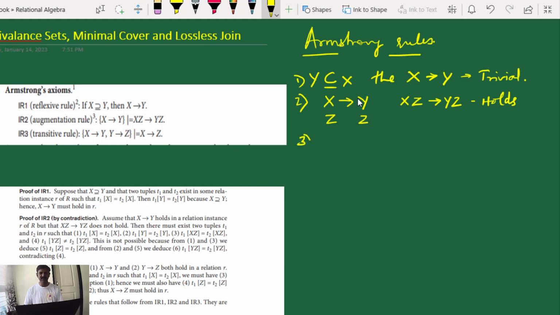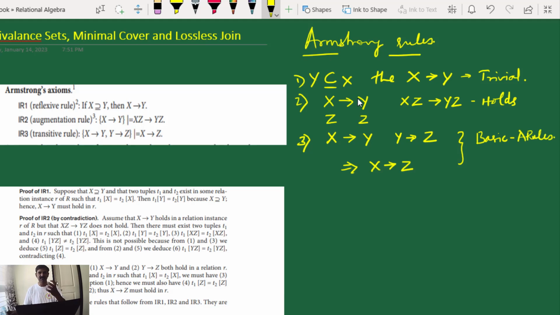That's pretty much clear. The third one is the transitive rule. If X determines Y and Y determines Z, then it implies that X determines Z. So these are the three basic identities and they are termed Armstrong rules.